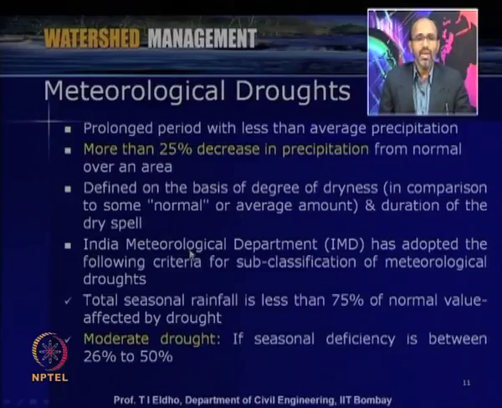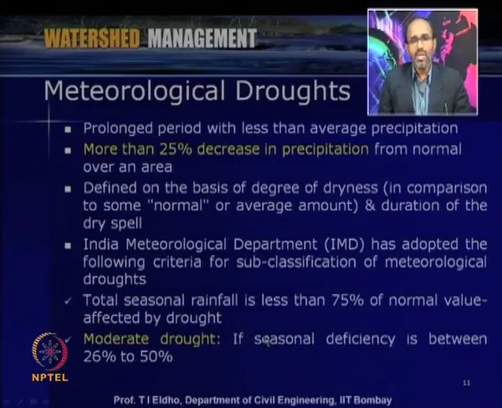For example, according to the norms of the Indian Meteorological Department, IMD, they have adopted the following criteria for sub-classification of meteorological droughts. Total seasonal rainfall less than 75% of normal value is affected by severe droughts.